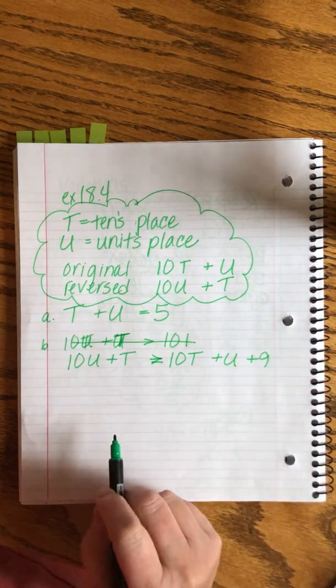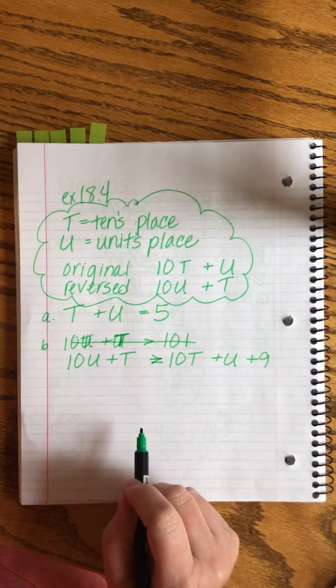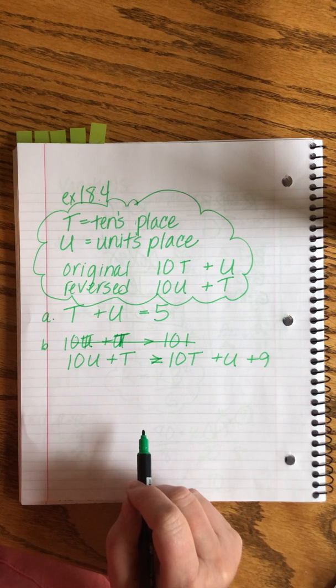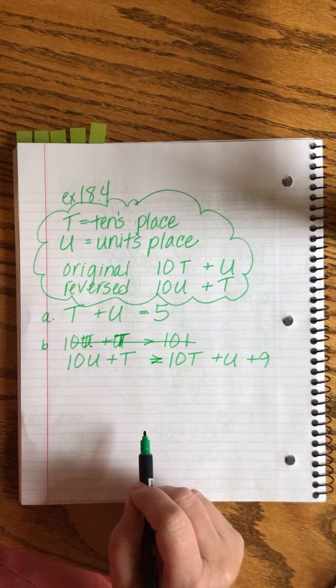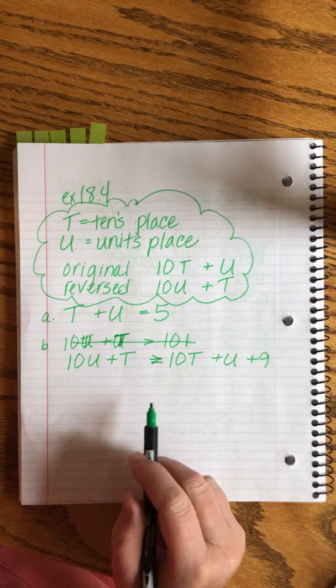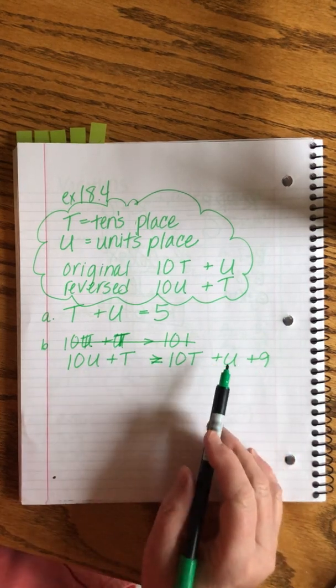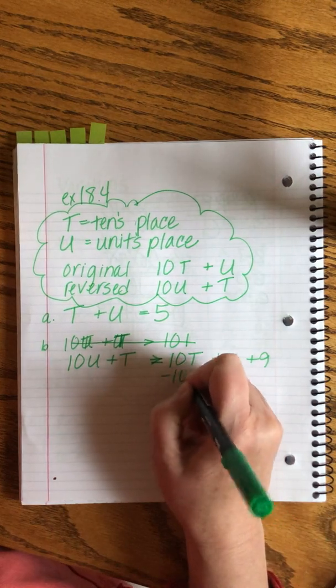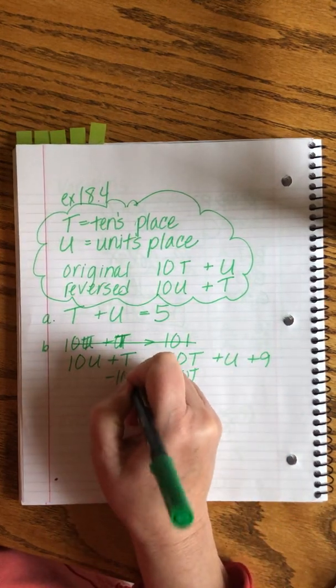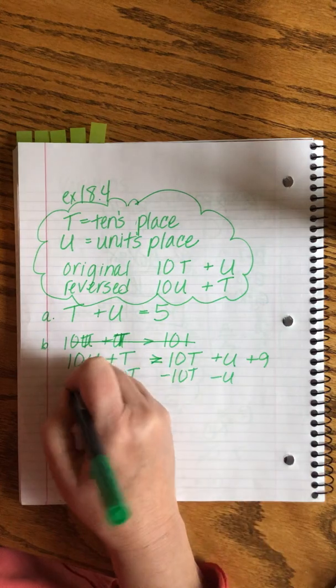Now, this is a bit of a mess, so we can clean this up. Let's move the t and the u to this side and leave the plain number over there. So we're going to subtract 10t and we're going to subtract u.